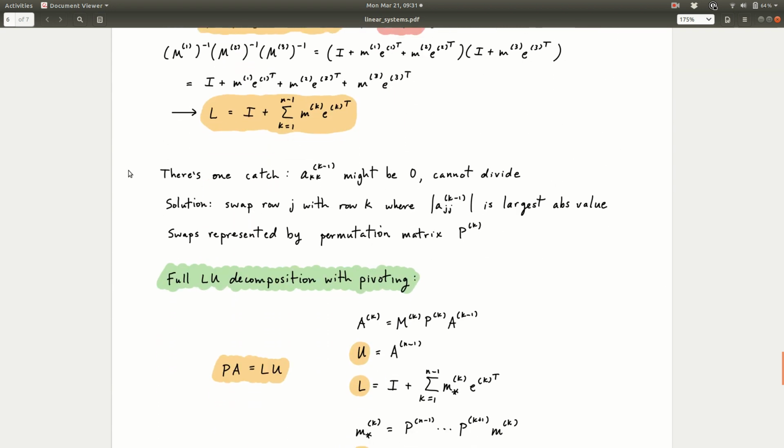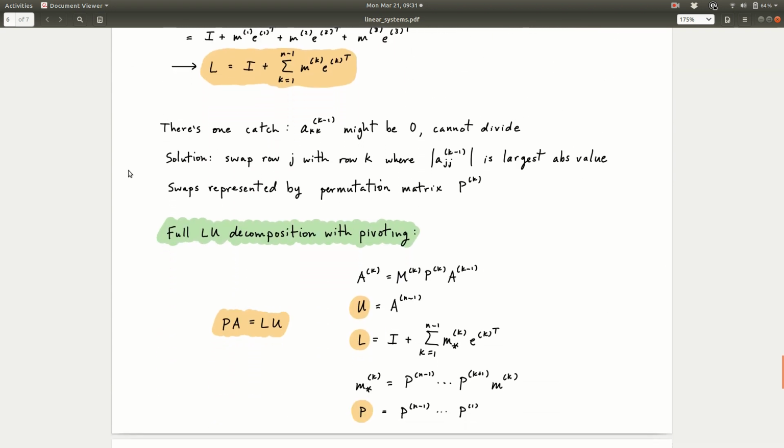What is done in practice is, as you may have noticed when we looked at the documentation for DGESV, it says it does something called partial pivoting. Here's what partial pivoting does. If you're doing this Gaussian elimination algorithm and you find an entry that's 0, you can't do the division. The solution is to just look at the lower rows.